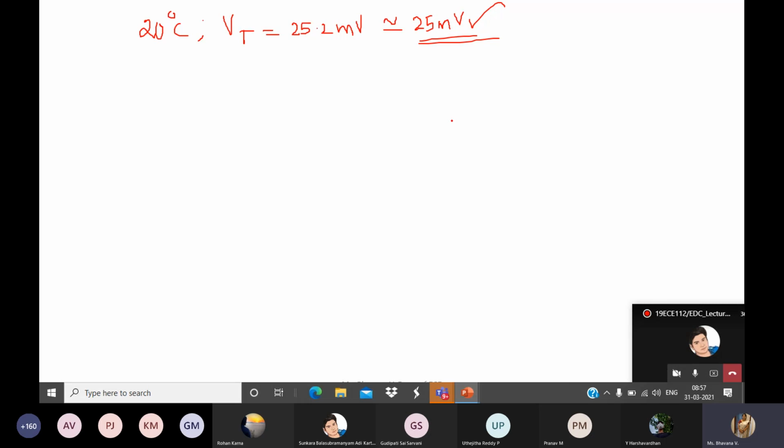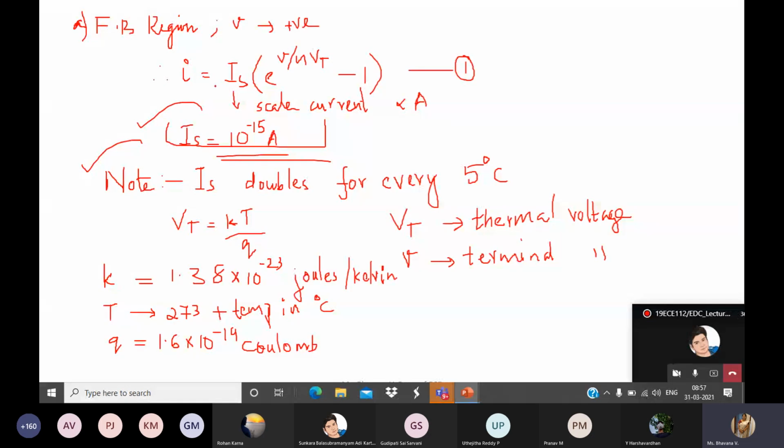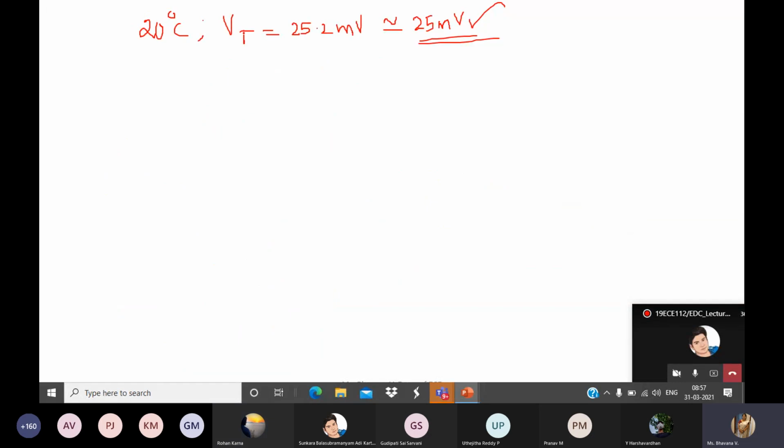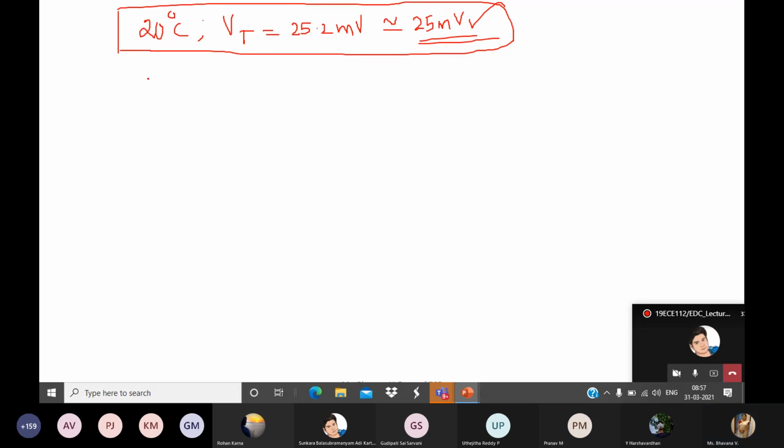Okay. Now, in the diode equation, what are we left with? N, right? So this one you please remember, put it in a box. Vt value at room temperature is 25 millivolt. In all numericals you have to use Vt as 25 millivolt unless the temperature is given.